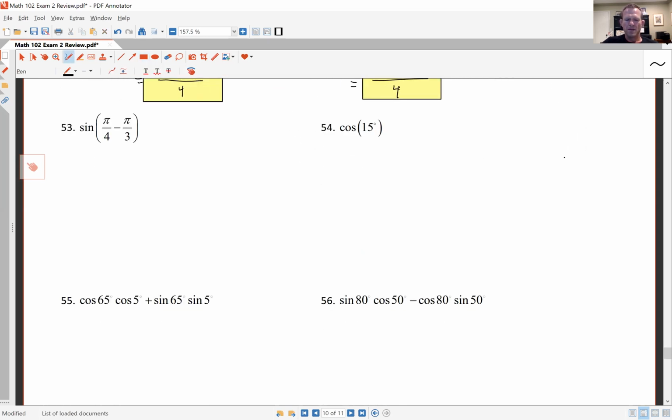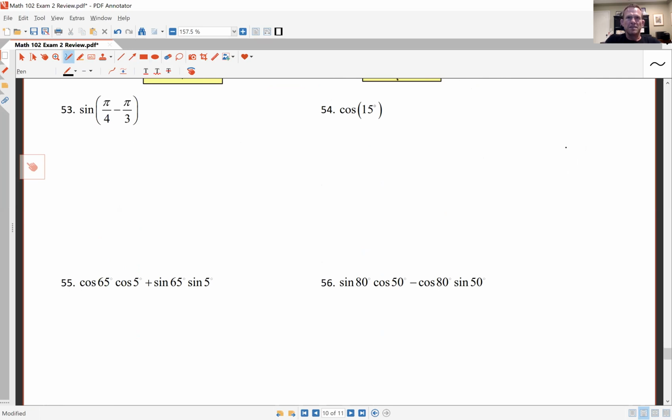Sine of the difference is sine of pi over 4 cosine of pi over 3 minus sine of pi over 3 cosine of pi over 4.